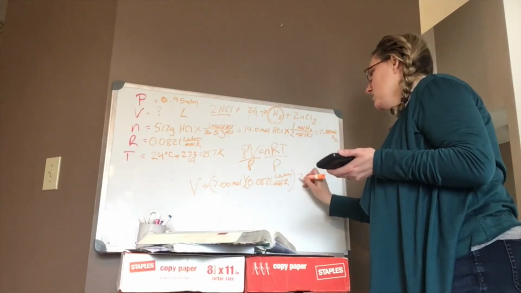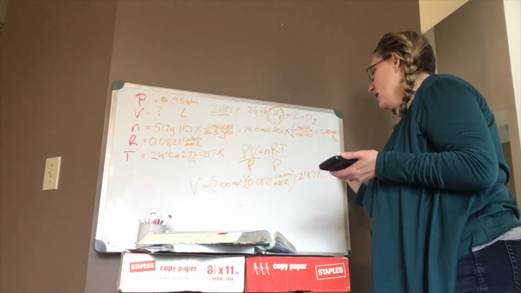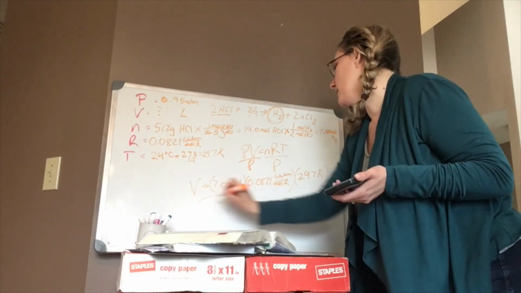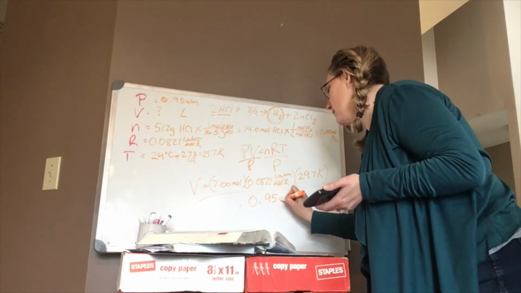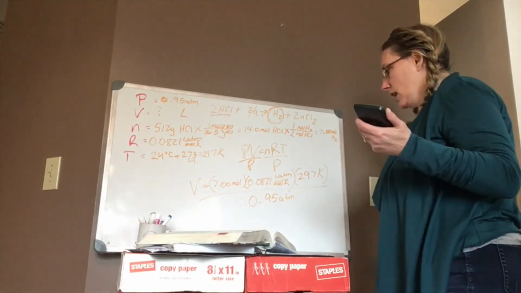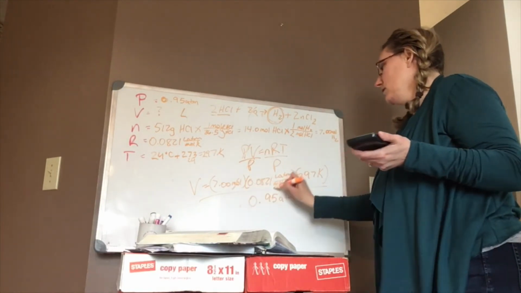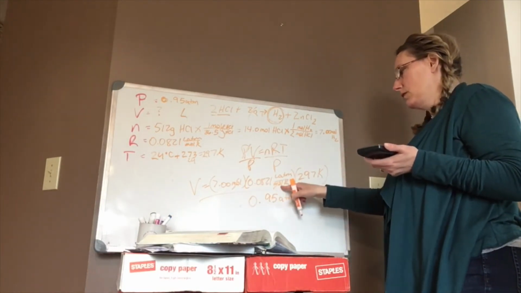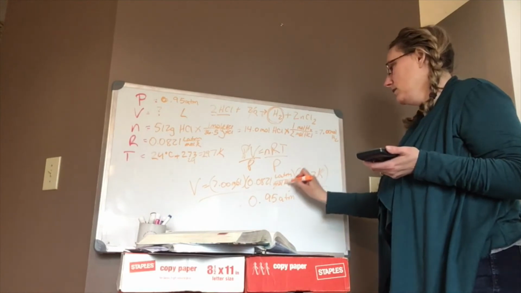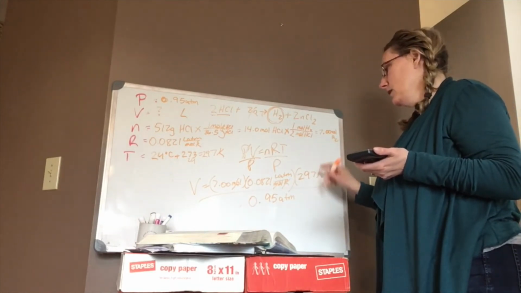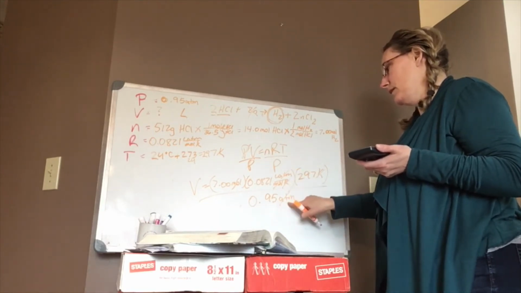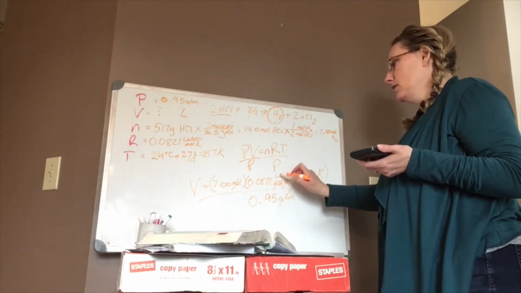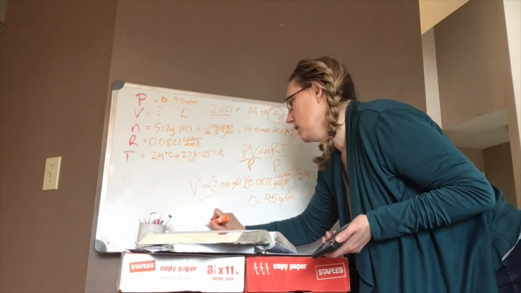T is going to be 297 K divided by my pressure, which is 0.95 atmosphere. This mole cancels this on the bottom, this K cancels this K, and this atmosphere cancels this atmosphere. And so I'm left with my volume in liters.